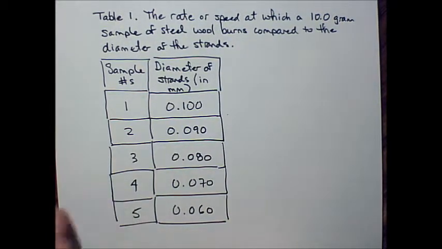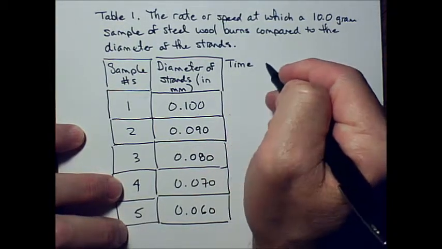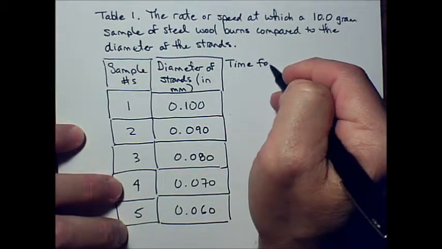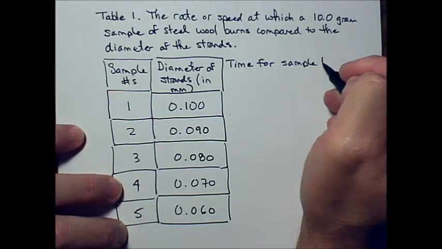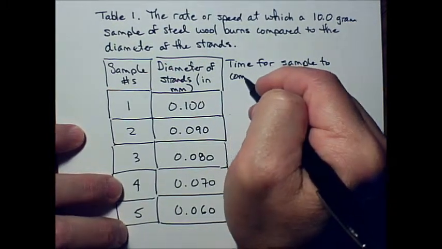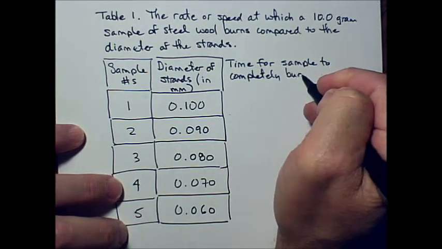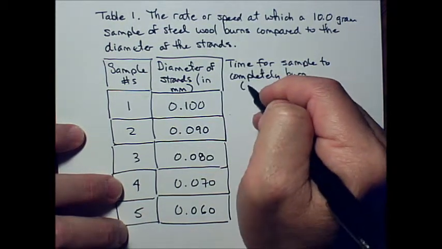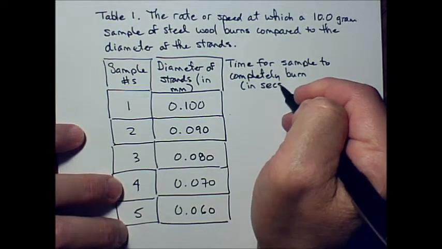You think it's going to take an hour for 10 grams to burn? How about we do seconds instead? So this might be time for sample to completely burn. And we're going to say in seconds. Okay?